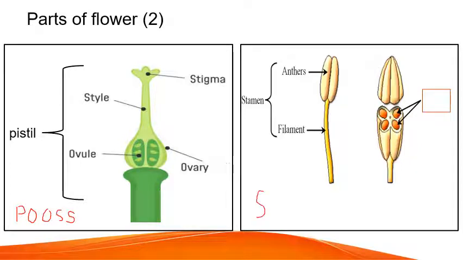So stamen has anthers and filament. Stamen has anther and filament. So this part, inside the anther, is the pollen. So pollen, this is where it's made.